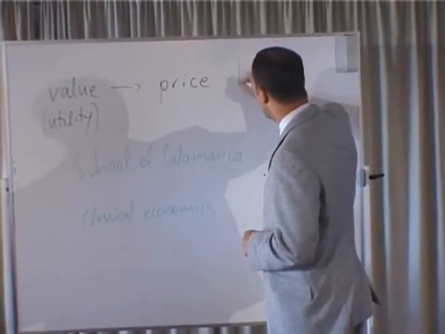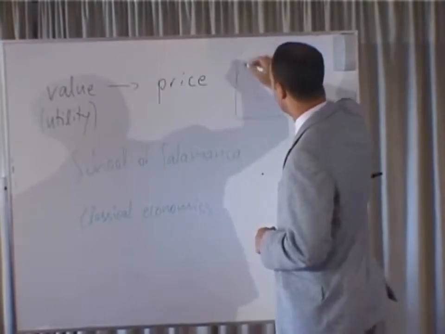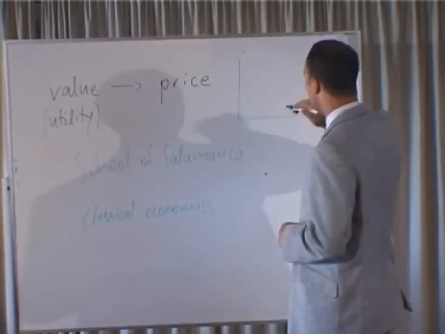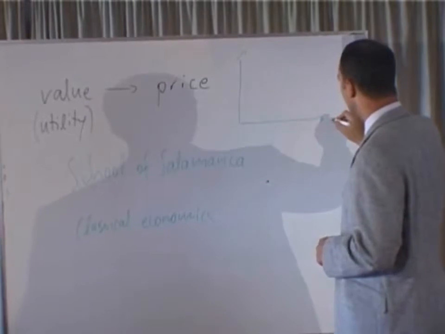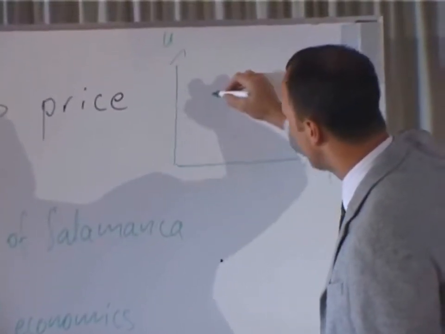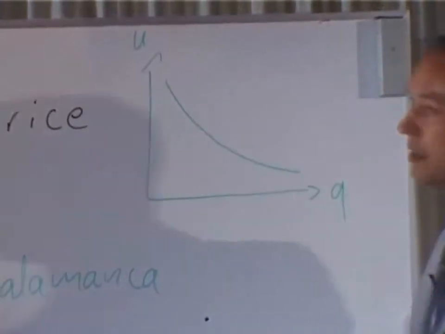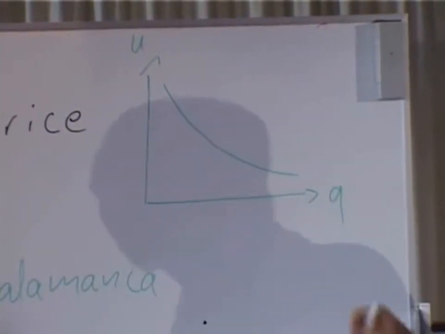So one way to illustrate this, and this is the way it is usually done in economics classes, is that we say we have here a supply, we have a quantity, and here we have the utility. And this utility is decreasing with the supply.